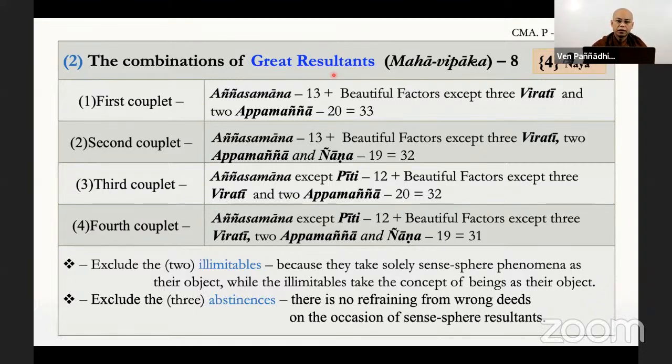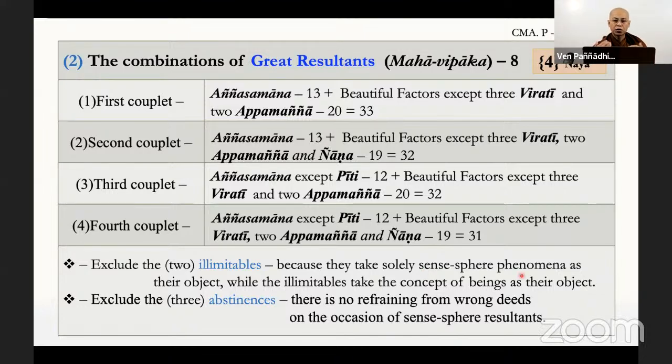So the great resultant consciousness can perform the functions of Paṭisandhi, Bhavanga, Javana, and also Tadārammaṇa. During performing these functions, it can take only sense-sphere phenomena as its object.